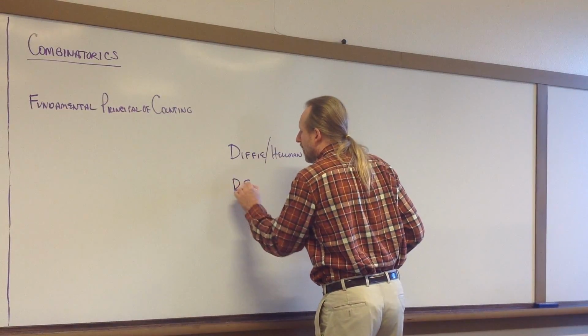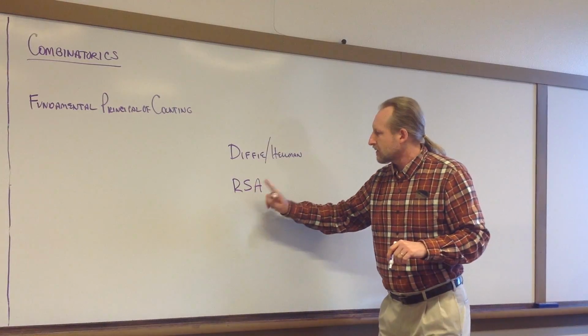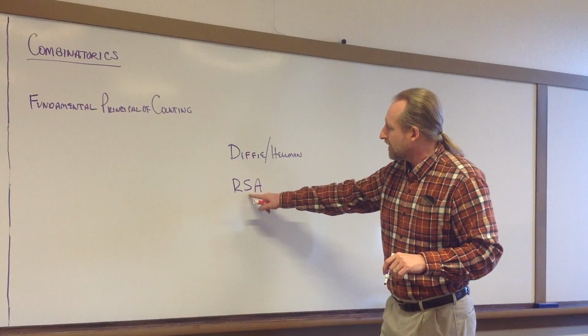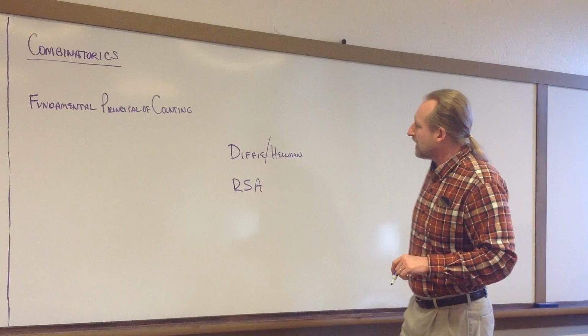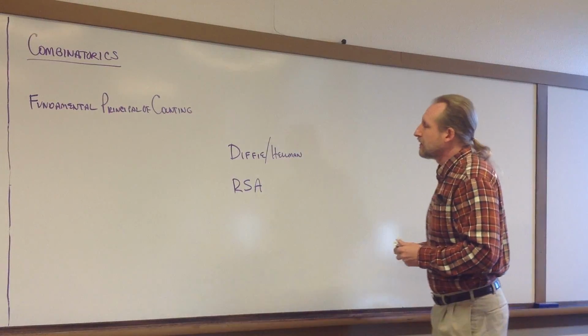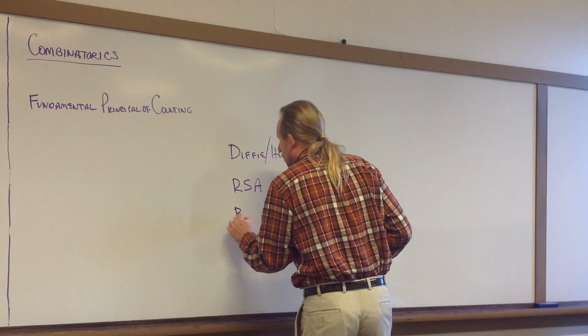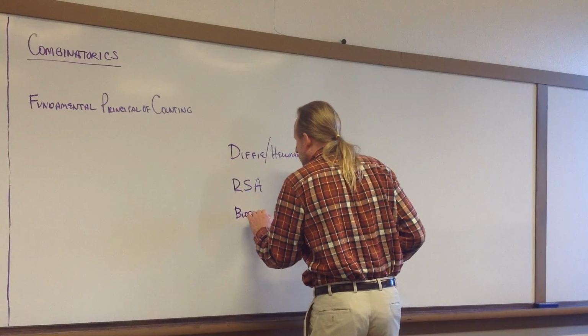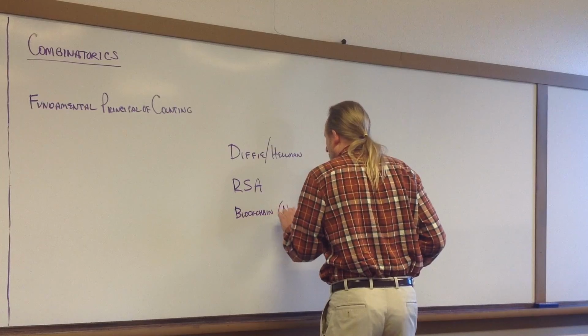And then there's the RSA crypto system, developed by three mathematicians: Rivest, Shamir, and Adleman. I can't remember their first names now. And then also the blockchain technology that controls most cryptocurrencies.